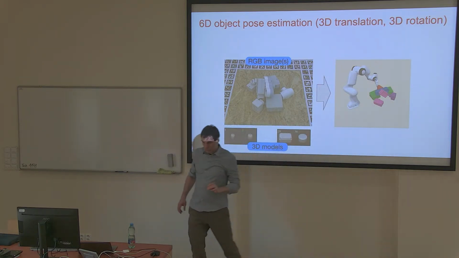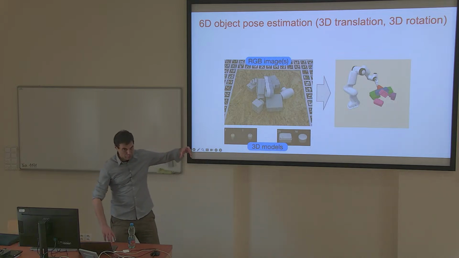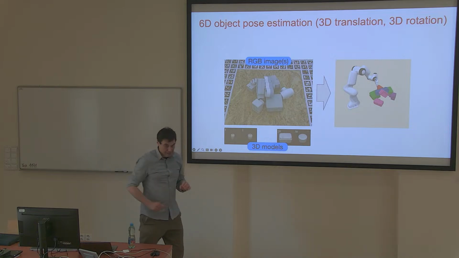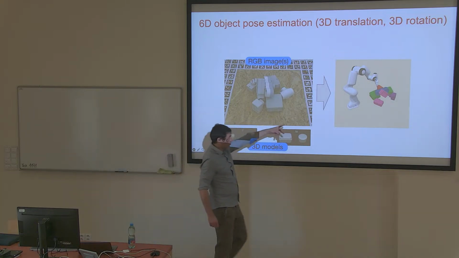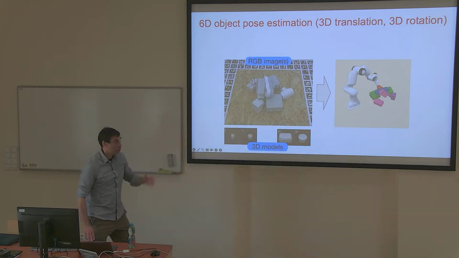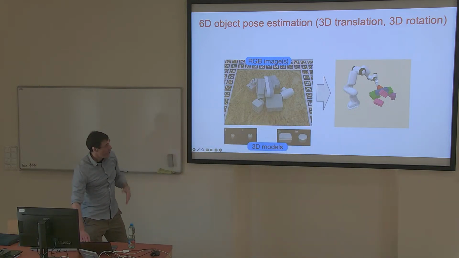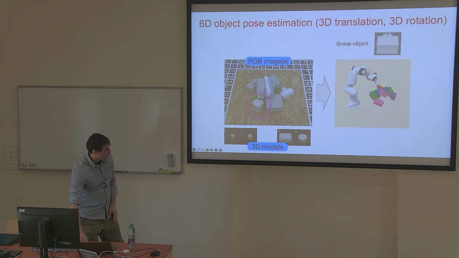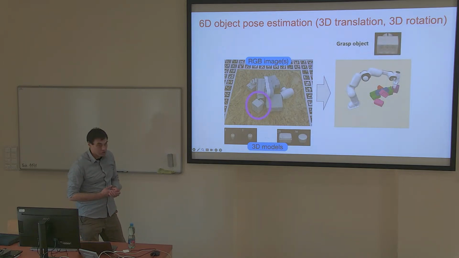If I have a camera observing and a robot, I need to know the transformation between the robot base and the camera. There are ways to do that. But if you have it, then you know the position of the object with respect to the robot, and you can plan a trajectory using, say, trajectory optimization or some planning to grasp the object, like shown here.